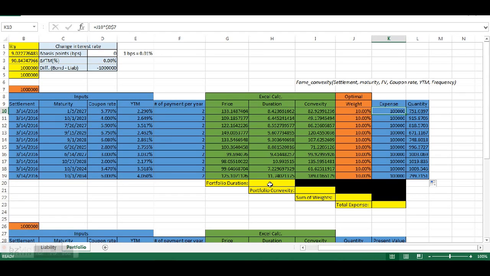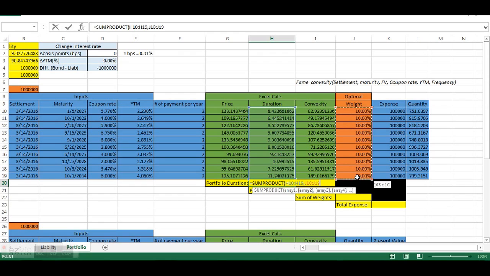Now we can calculate. Also, we can calculate the portfolio duration, which is the weighted average of duration and weight, using the sumproduct of duration and weight.